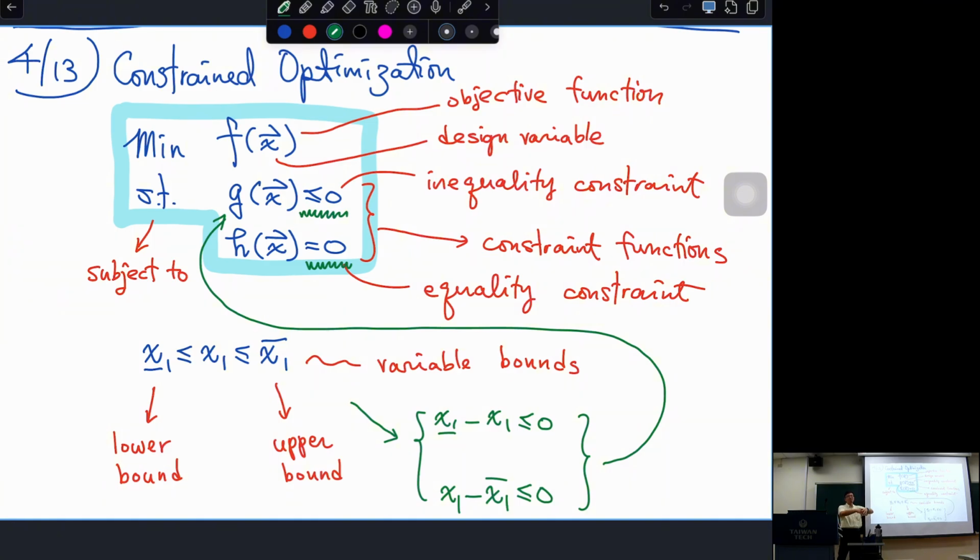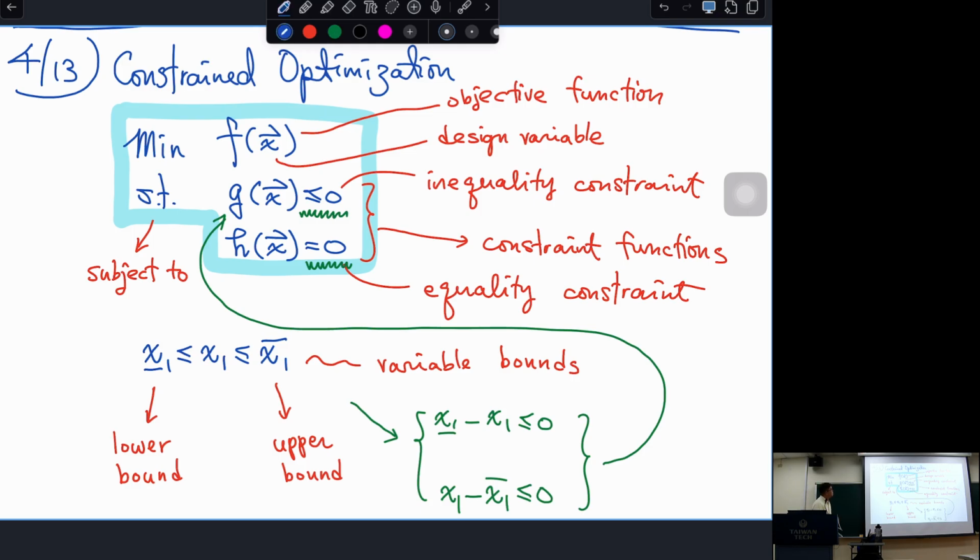Maybe in your company, 1 millimeter plate is too thin, too difficult to manufacture. So as a designer, you decide your lower bar, your upper bar, or you can set it free. You can allow x1 to be any real number. Depends on the problem. Okay?